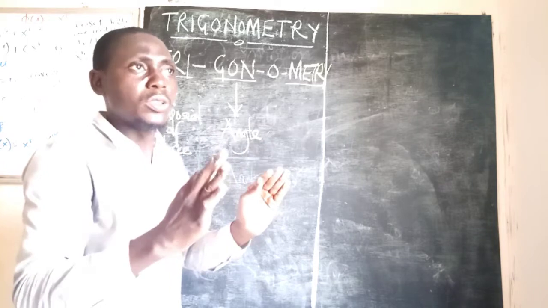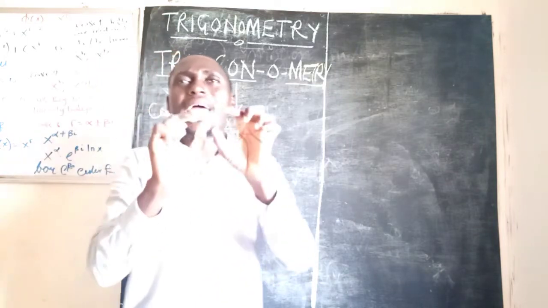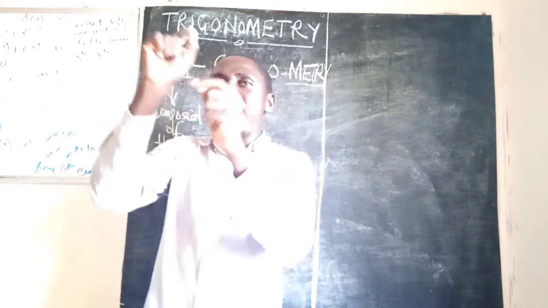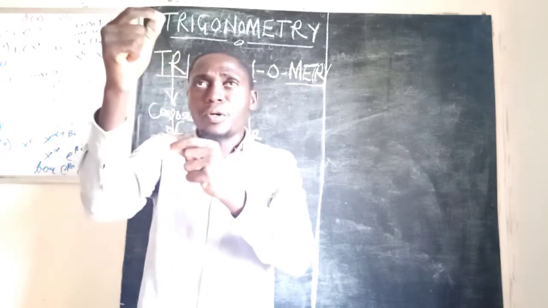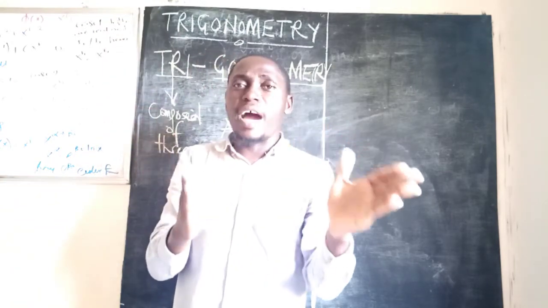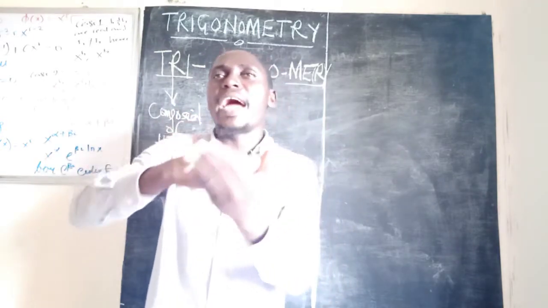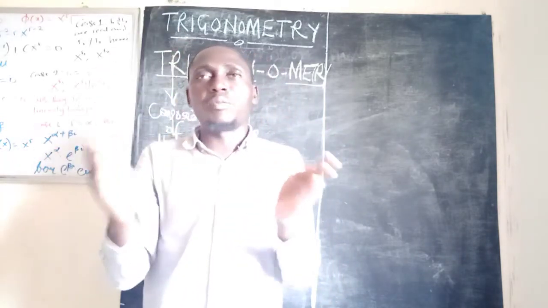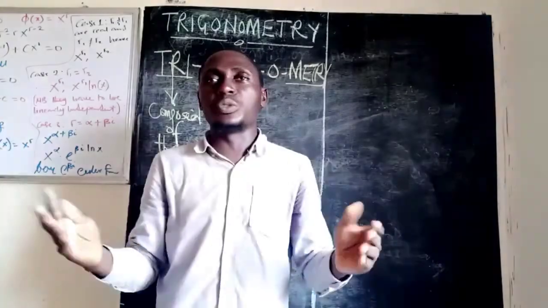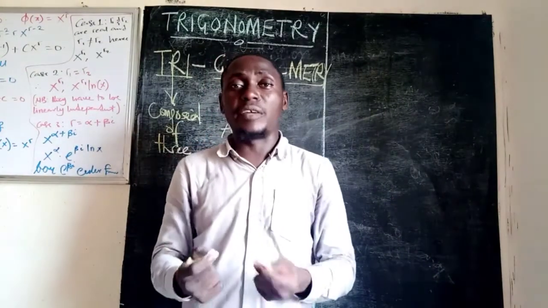So pentagon is a shape: pent means 5, gon means angle, a shape with 5 angles. And automatically, when a shape has 5 angles, it therefore has 5 sides.